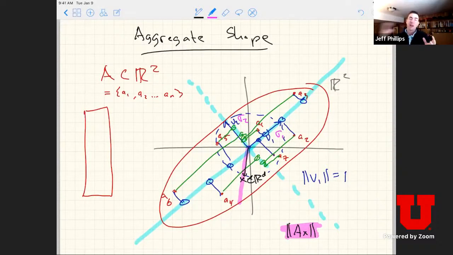The norm is the square root of the sum from i equals 1 to n of the dot product of x with a_i, squared. I'm dotting with all the points, and it tells me how much variation. This is one of these quadratic forms, and that gives rise to this ellipse, this shape that pertains to the data.